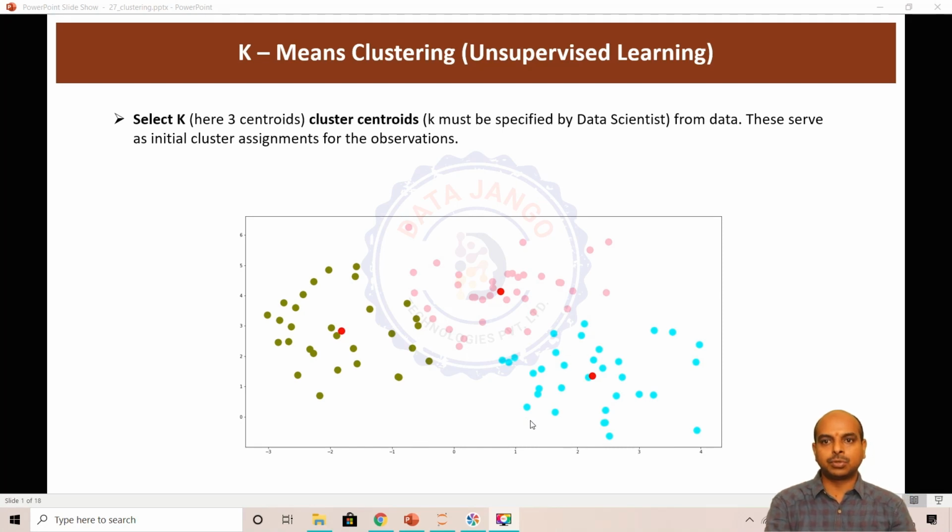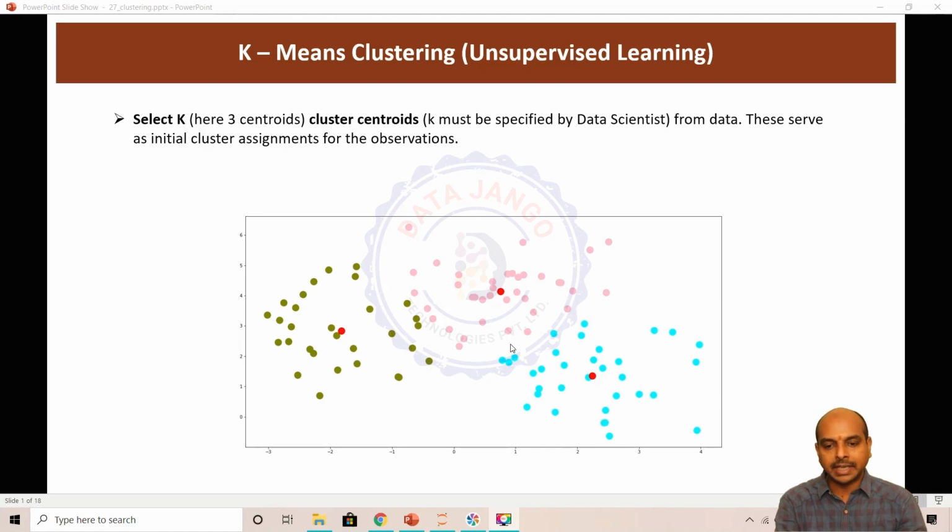The next step is to calculate the average of all the data points belonging to cluster 1. In the first step, it randomly chose one data point as the centroid, measured the distances, and concluded that these data points belong to cluster 1. So it takes the average of all these data points and makes that the new centroid.